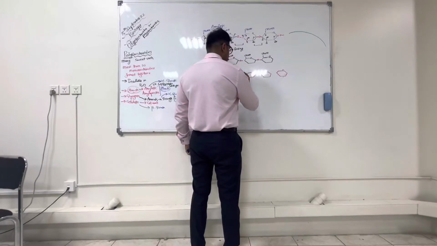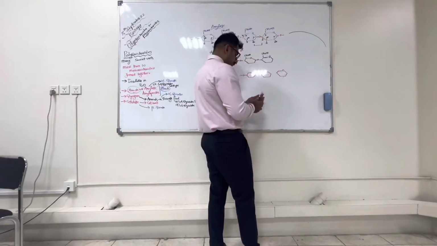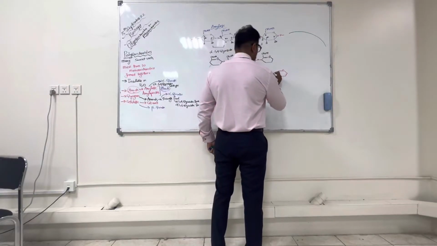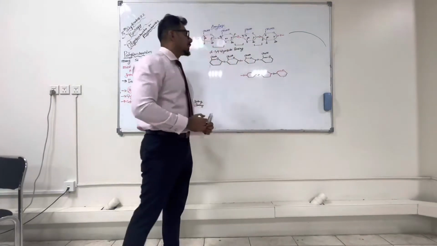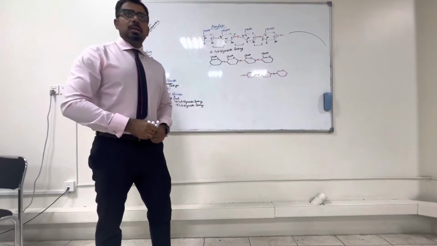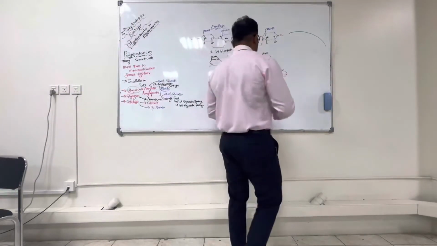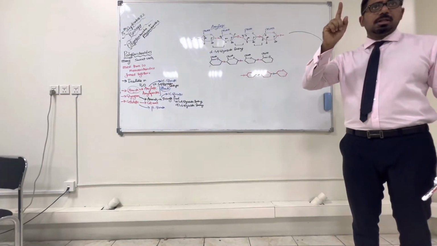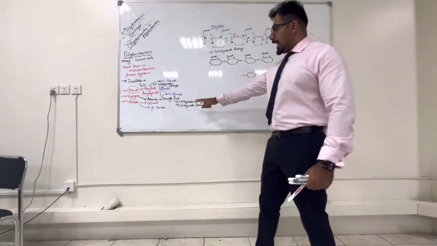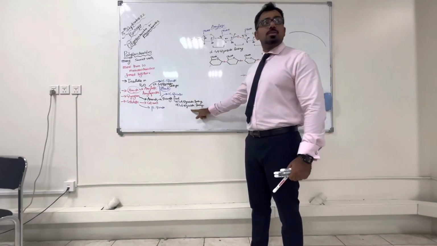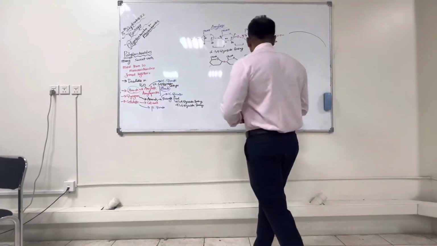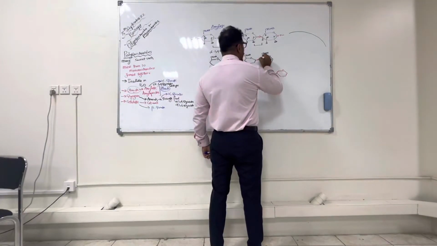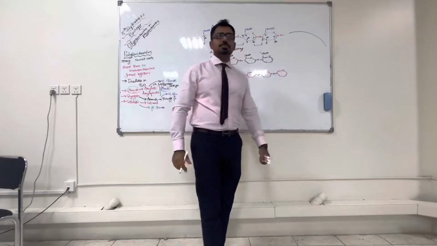Now, let's see that these chains are joined with each other. Remember, over here I am going to show how the bonds are made. I am going to show you the alpha 1,6 glycosidic linkage now. Remember this is carbon number 1, 2, 3, 4, 5 and this is 6.